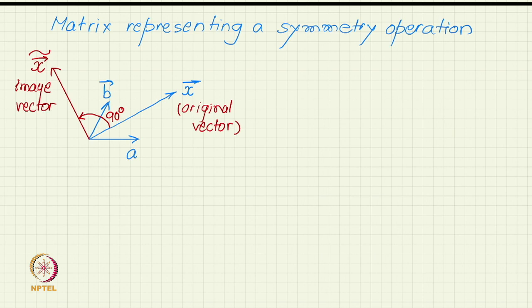And since this is also a linear transformation, this also can be represented by a matrix.